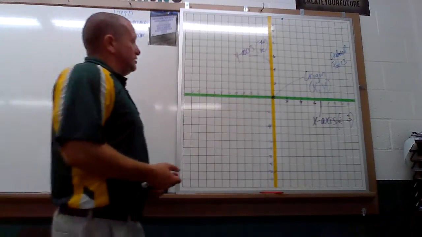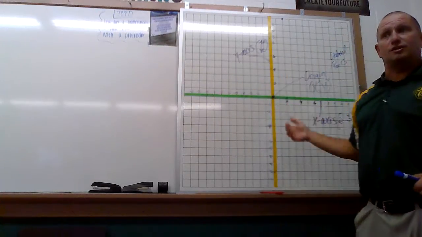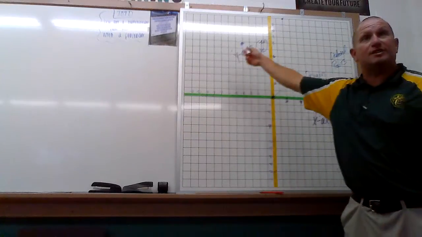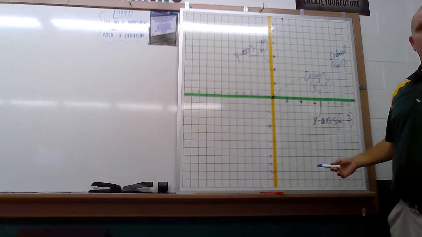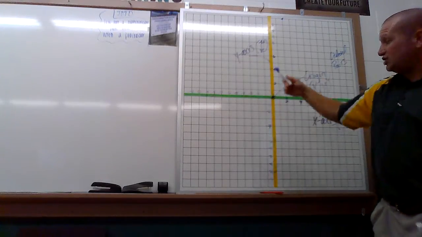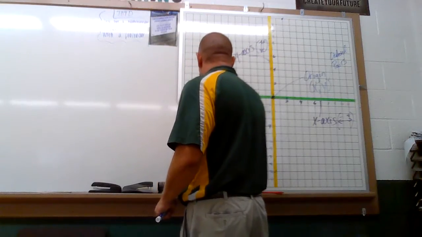From there then, did you notice when we drew the two main axes, the green line and the yellow line? It basically split my coordinate plane into 4 different sections, right? You know what those sections are called? Each section is called a quadrant.